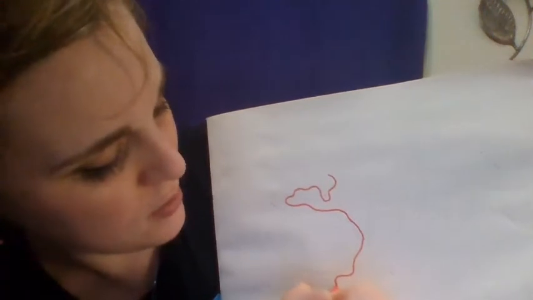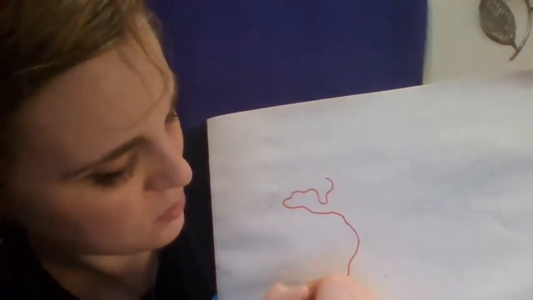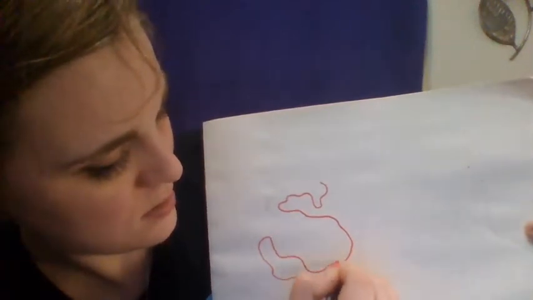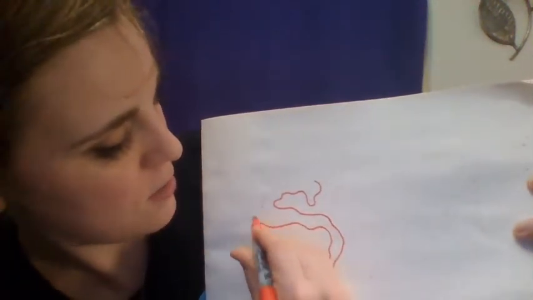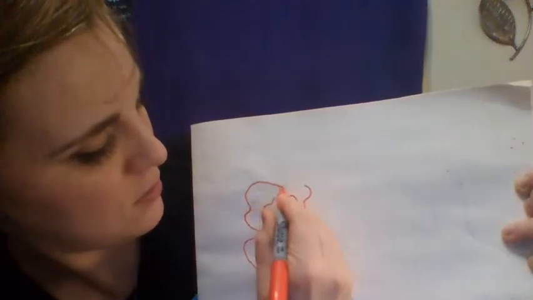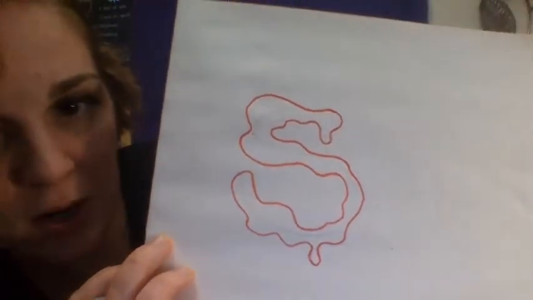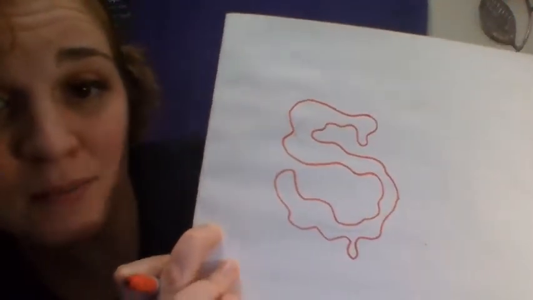Maybe there's a few drips coming off of it. Ugh, that looks really gross. And I'm literally just going around the guideline that I've already made for myself. Just like that.